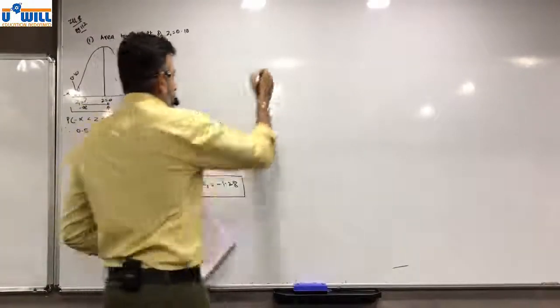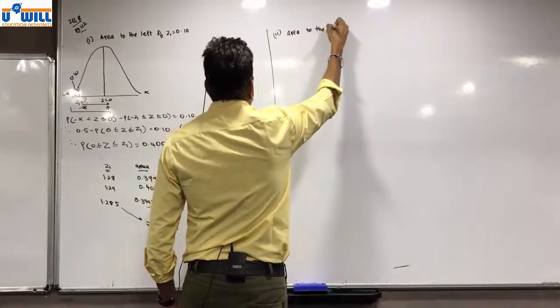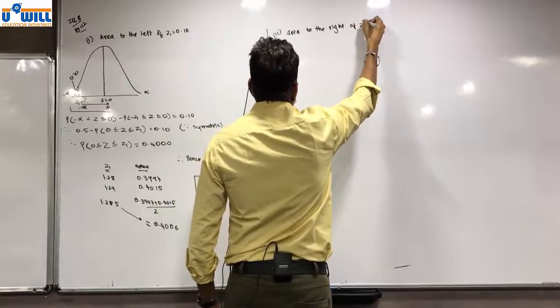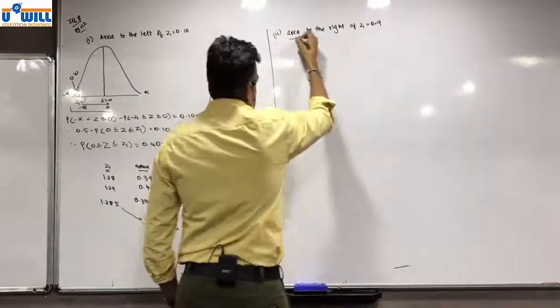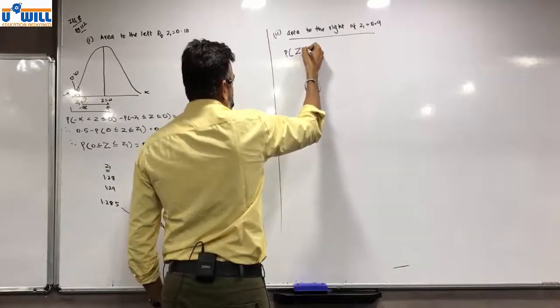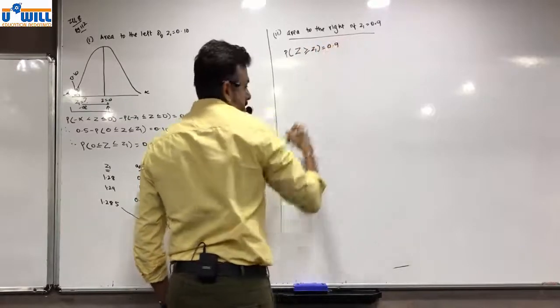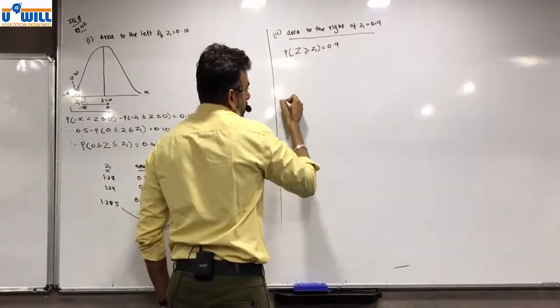Next, second one. Area to the right of Z1 is equal to 0.9. So probability of Z greater than equal to small z1 is equal to 0.9. Therefore, we first draw the graph.